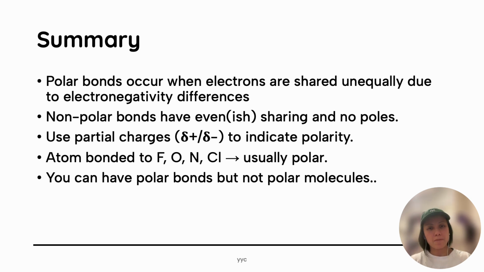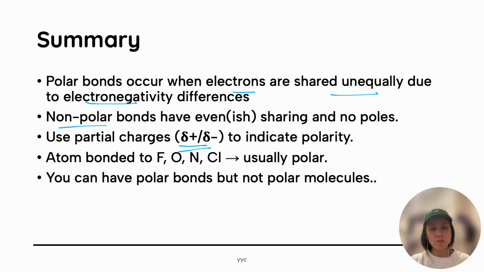So, polar bonds. Okay. Polar bonds occur when the electrons are unequally shared. Why? Because the electronegativities of the elements involved are different. Okay. Non-polar bonds have an even-ish sharing. So you can have maybe less than 0.4 and it's still considered as relatively non-polar, no poles.